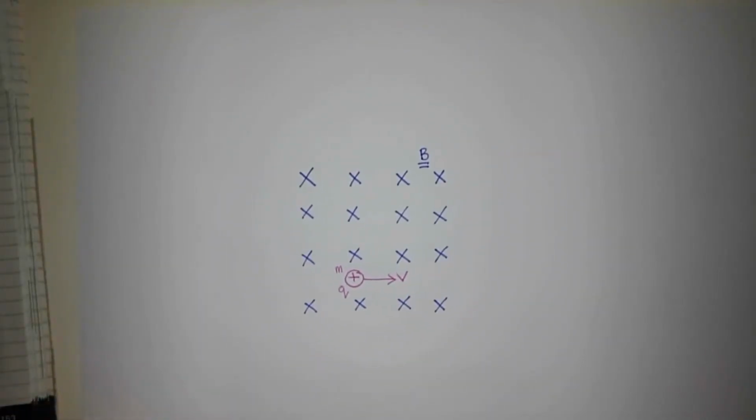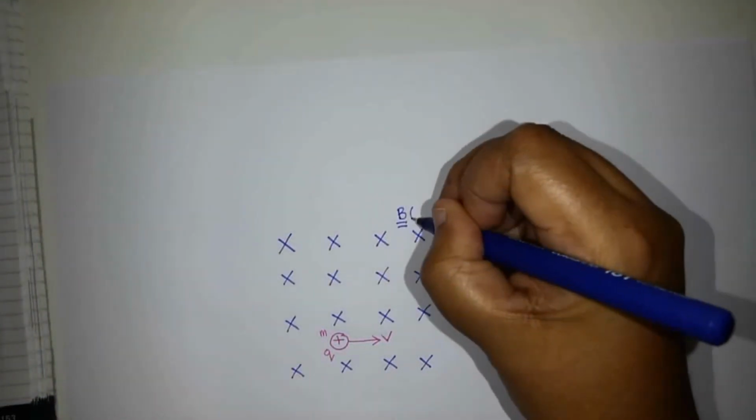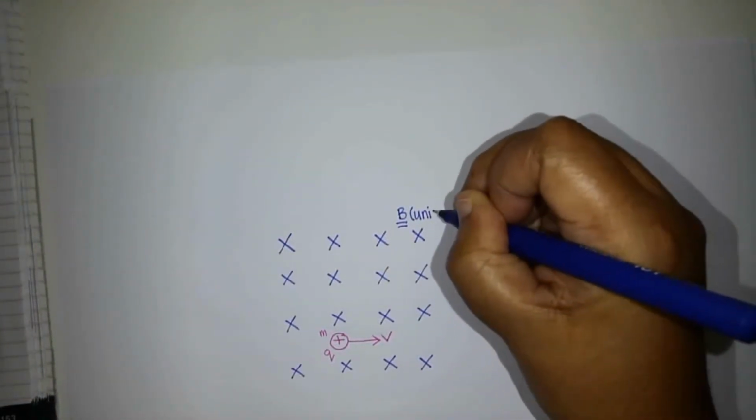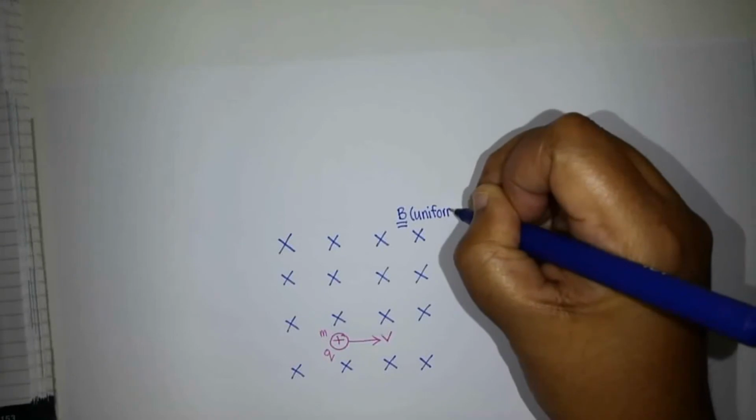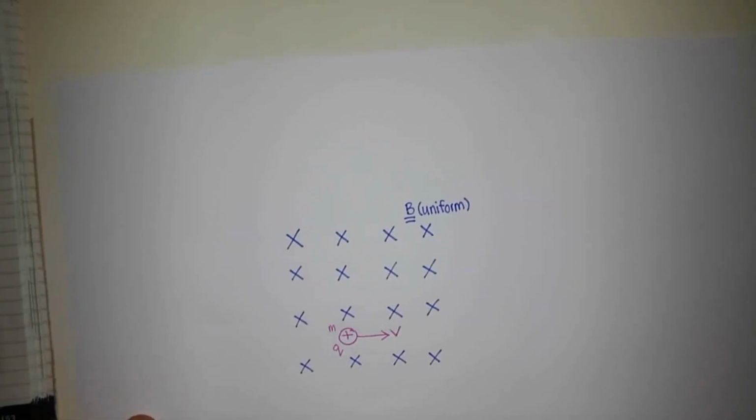And this B, class, is uniform. Uniform means the magnitude and the direction are constant. It is fixed.